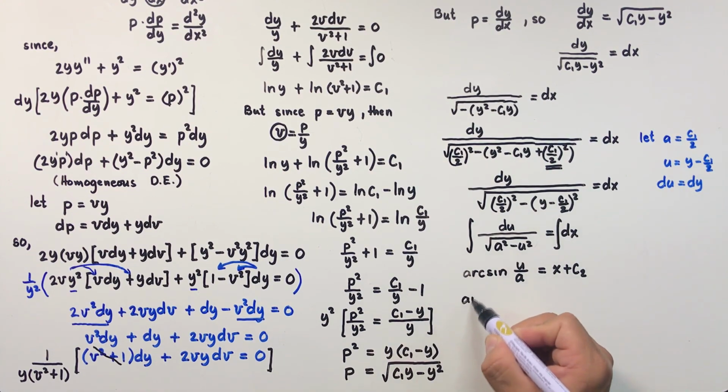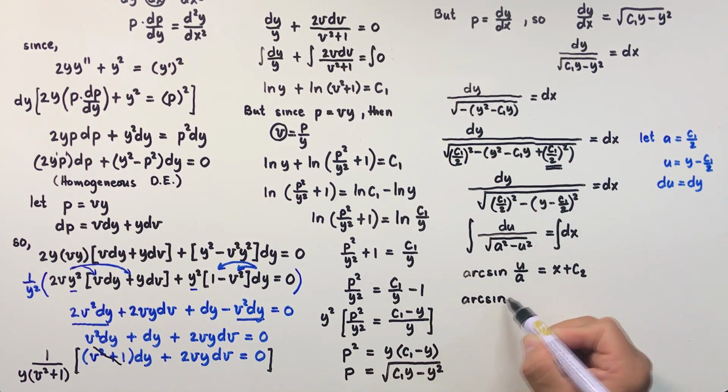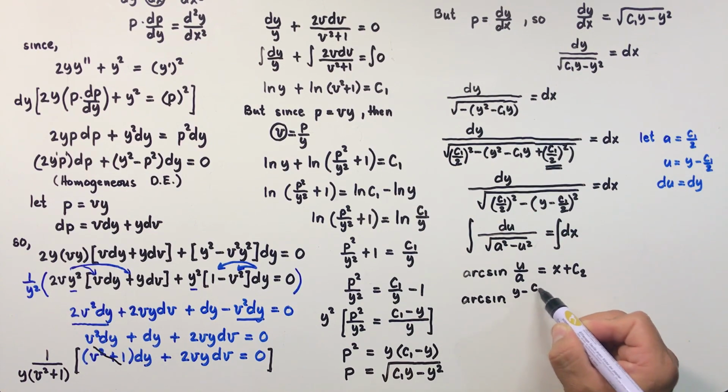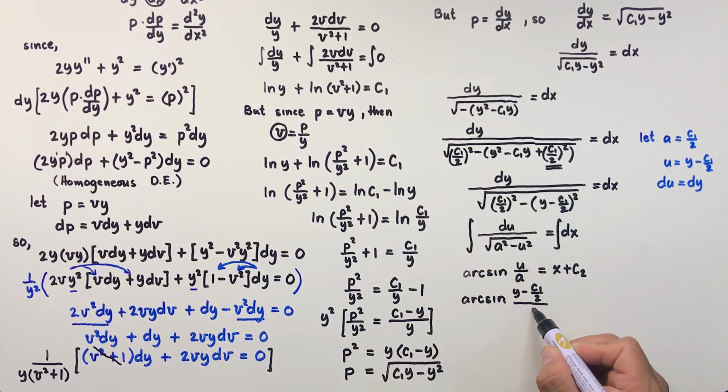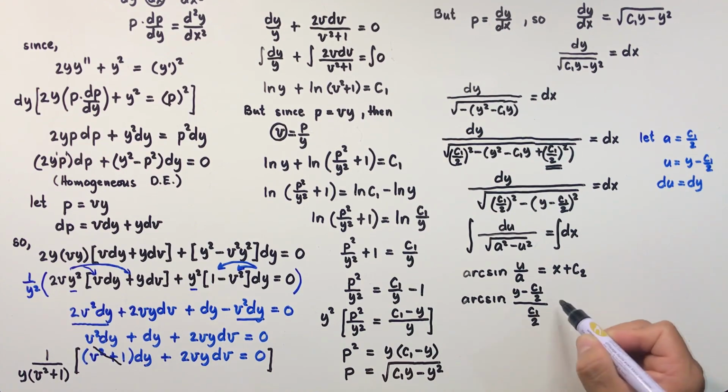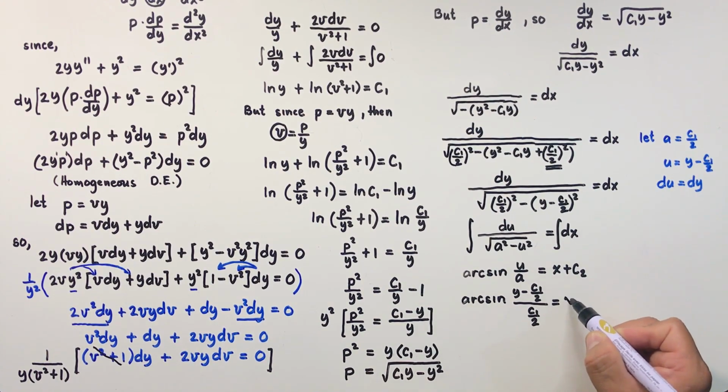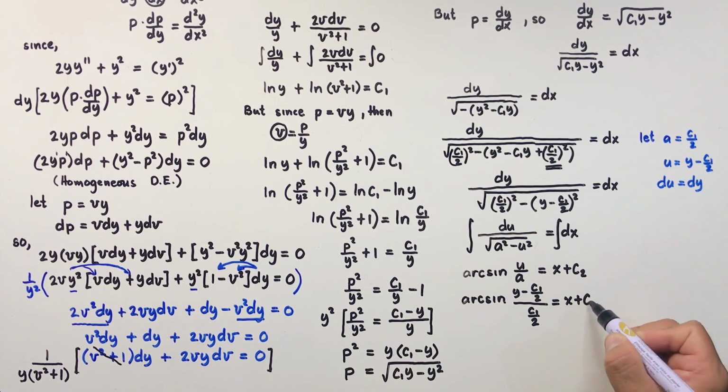And our u is y minus c sub 1 over 2 divided by a, which is c sub 1 over 2, which is equal to x plus c sub 2.